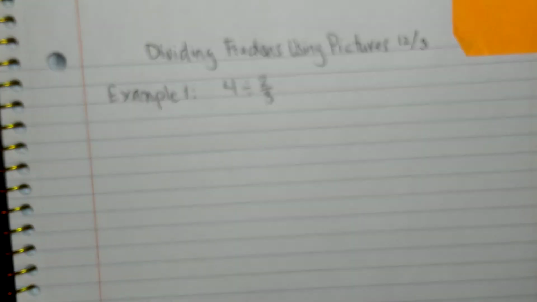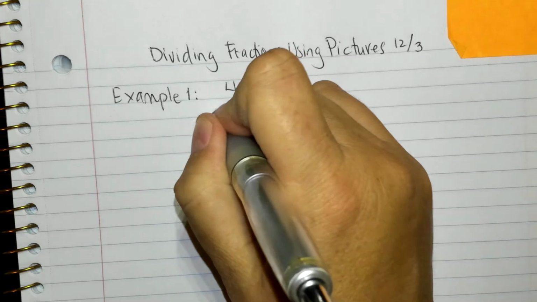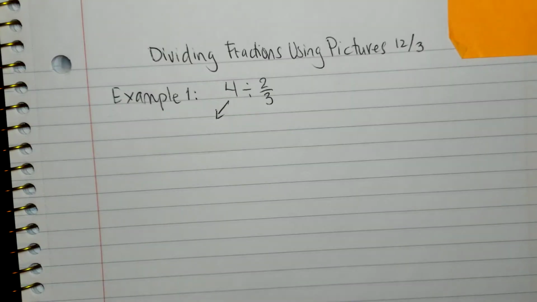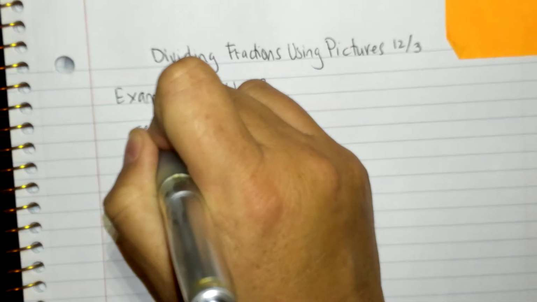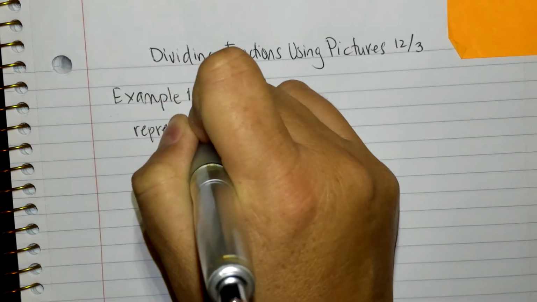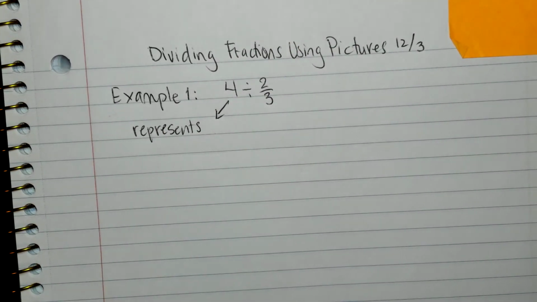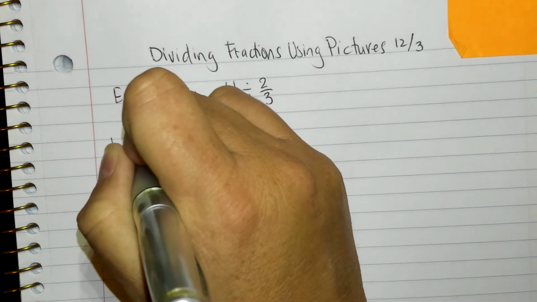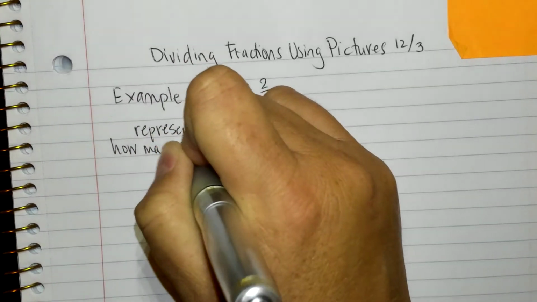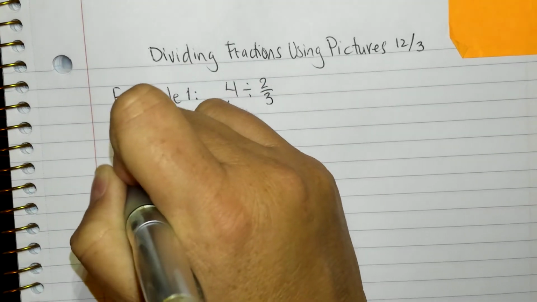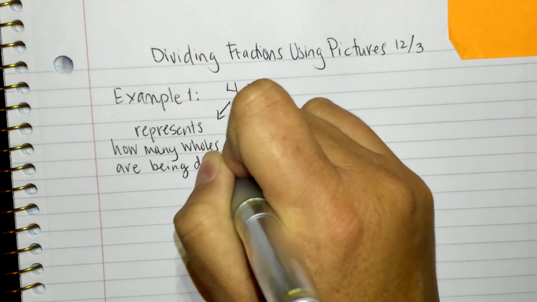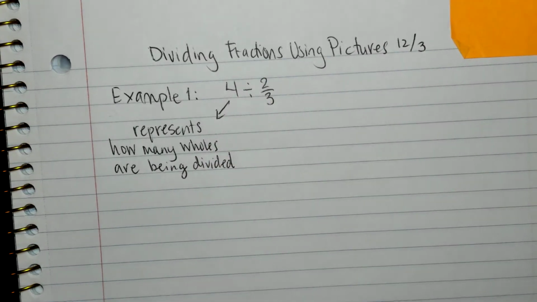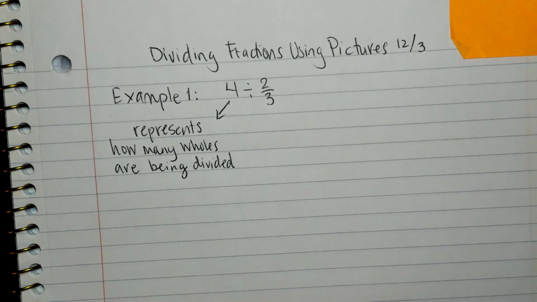And what I'm going to tell you is that 4, the whole number that we start with, represents how many wholes are being divided. Okay, that's our starting point. How many wholes are being divided?